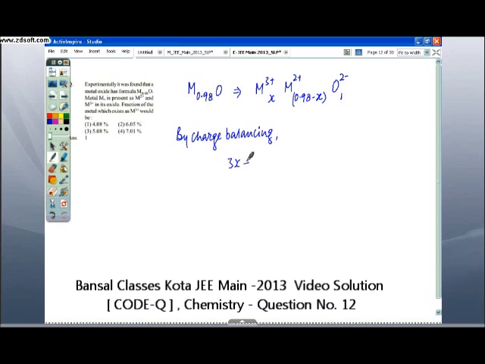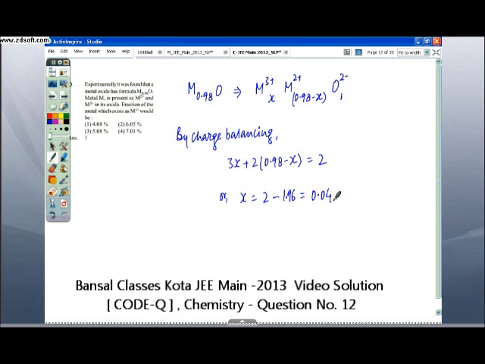3X plus 2 into 0.98 minus X is equal to 2. This is total positive charge and this is total negative charge. Or X is equal to 2 minus 1.96, which is 0.04.